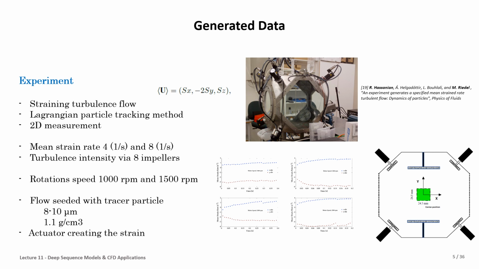However, it doesn't impact the actuality of the data because it was an experiment in a 3D environment of the flow. Then we expect to capture all the information of the turbulent flow, and we can use this data for deep learning.